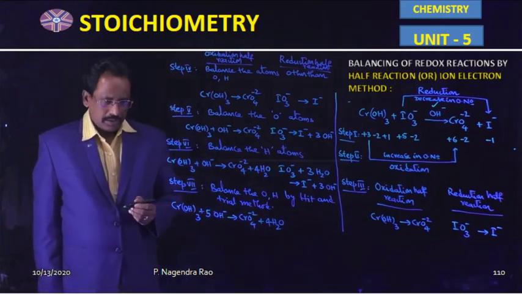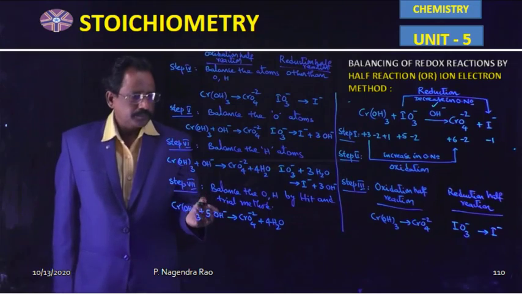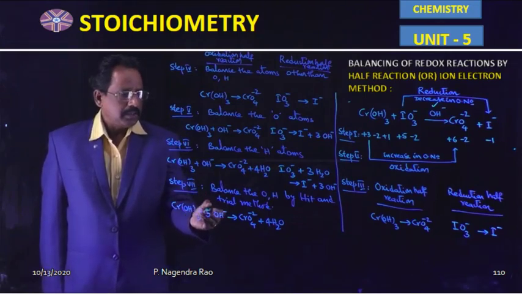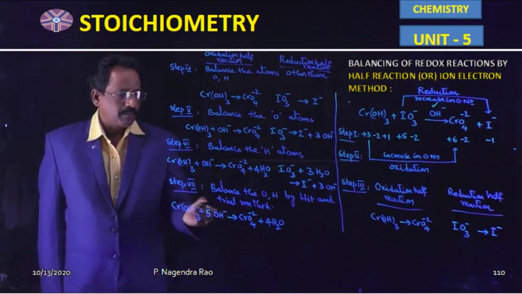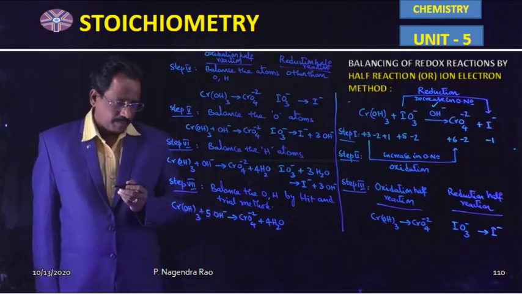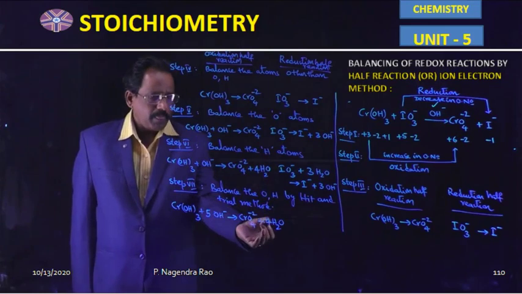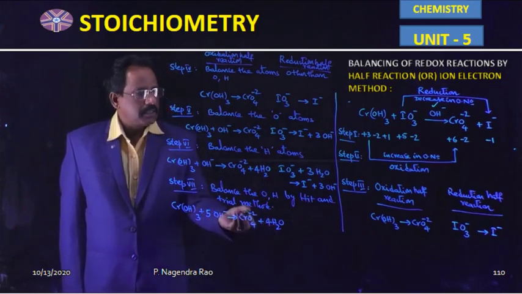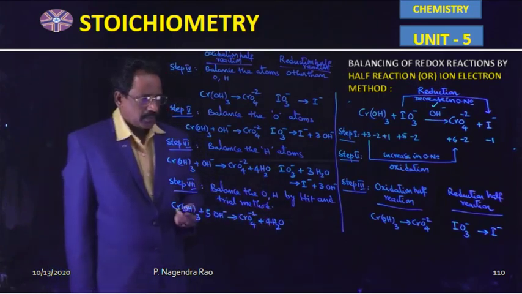Check yourself. Hydrogen 3 plus 5, 8. Oxygen 3 plus 5, 8. Here also the hydrogen number is 8. The oxygen number is also 8.